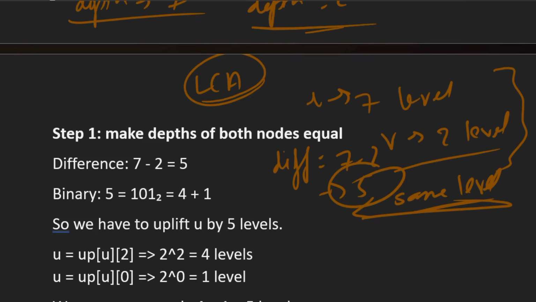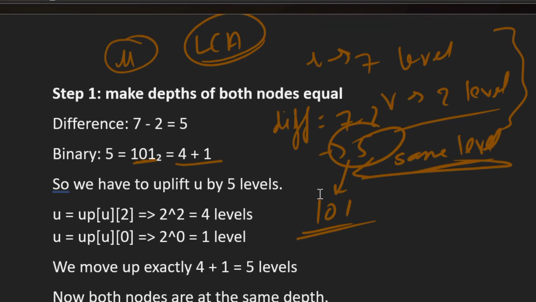Now if we represent 5 in binary, we get 101. 101 means 4 plus 1, so we have to uplift our lower node, that is u, by 5 levels. So up of u comma 2 will uplift u by 2 to the power 2, which means 4 levels.